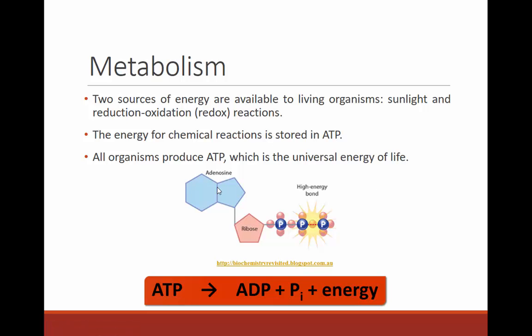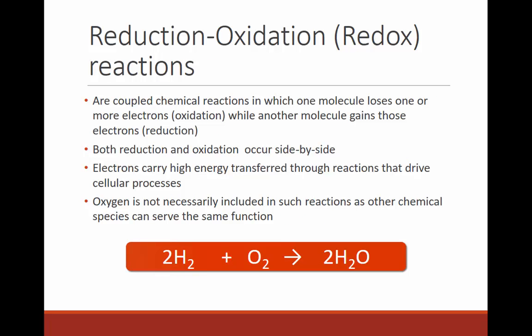What that looks like is adenosine and the three phosphates. If you broke down ATP and released that energy, you would have ADP, so you've got diphosphate, and you've got energy. That's how the energy is released.